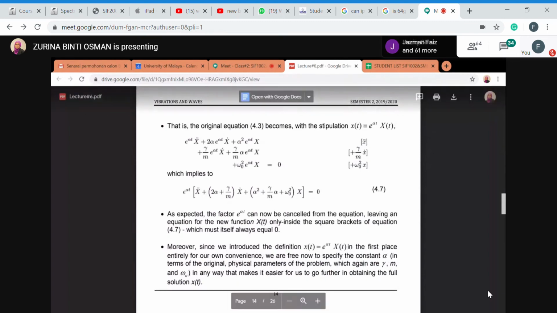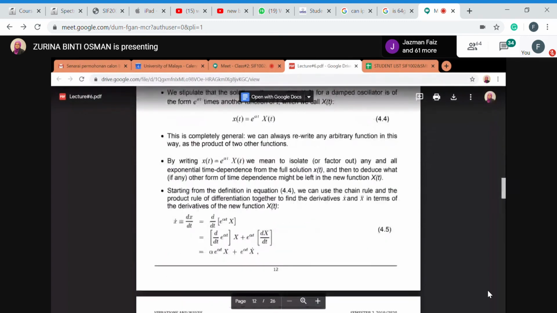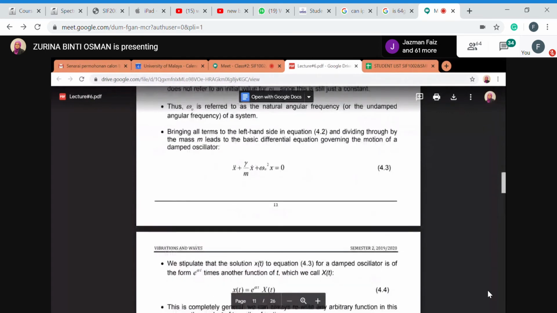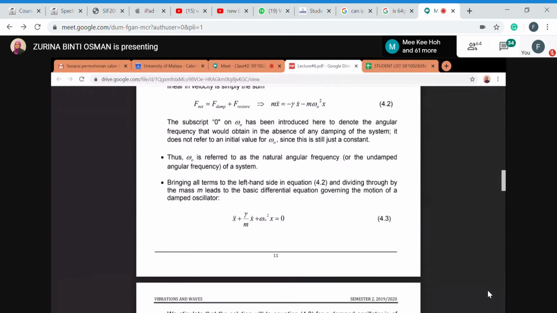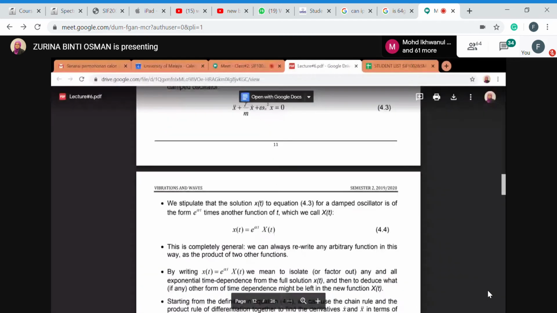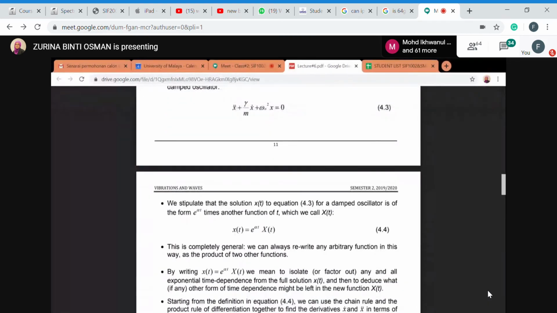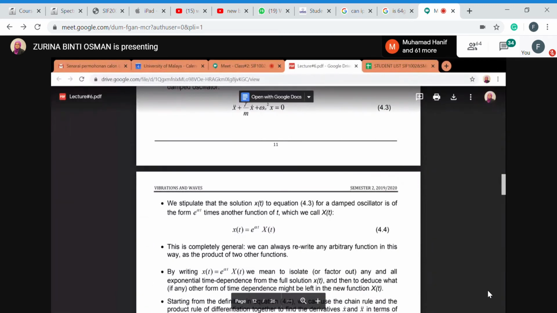Okay, I repeat how we can get this. First, this is the solution, or the equation of motion, of the damped oscillation. We have the term here in which gamma is the damping force. Then after that we stipulate the solution as this, and what you have to do to find this is find x dot (t) based on this equation, and also x double dot (t).